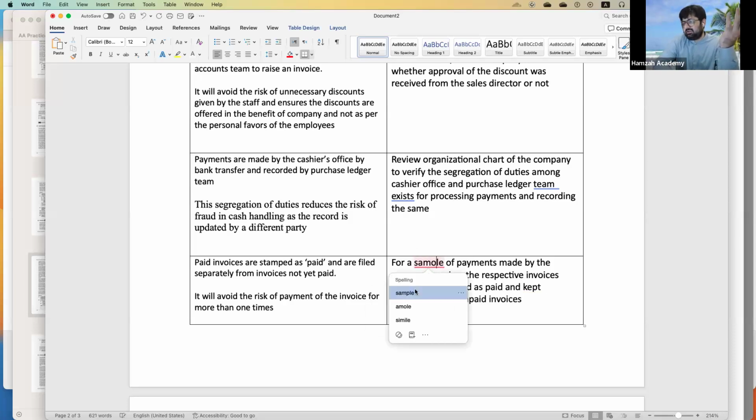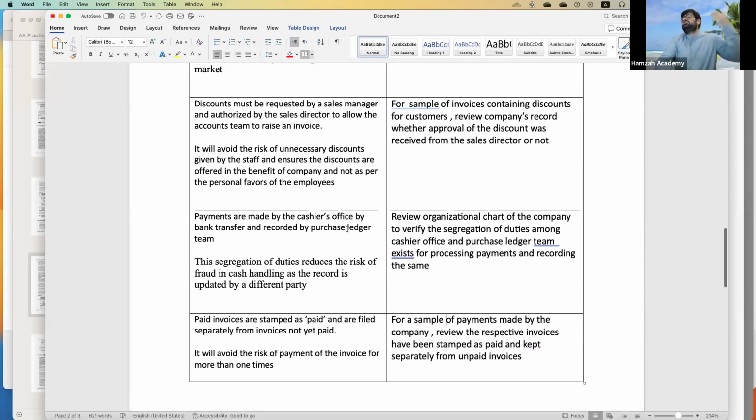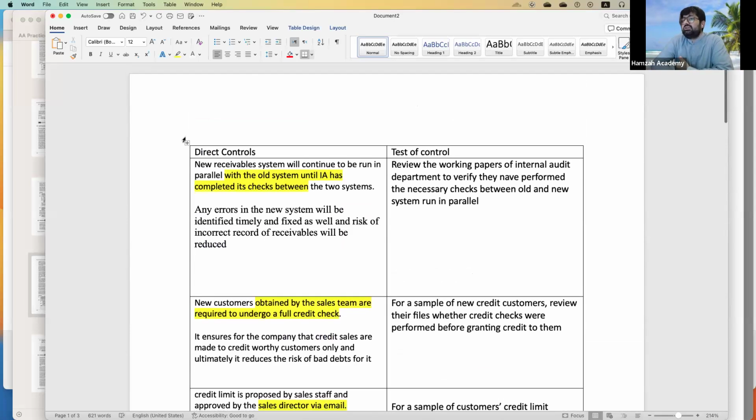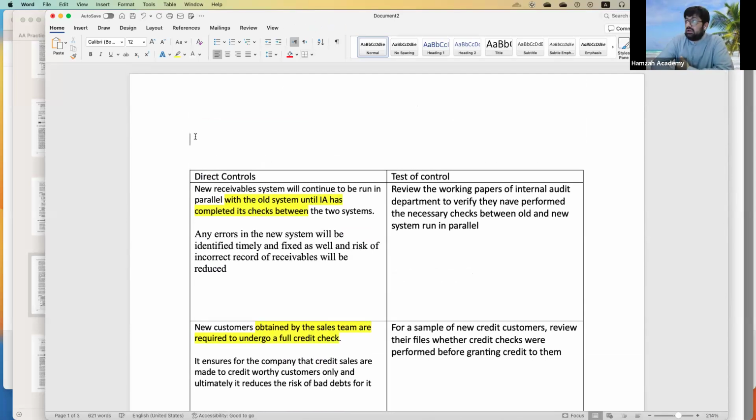You see how easy it is. Just you need to be clear about it. So I hope this question, direct control, is clear to you people.